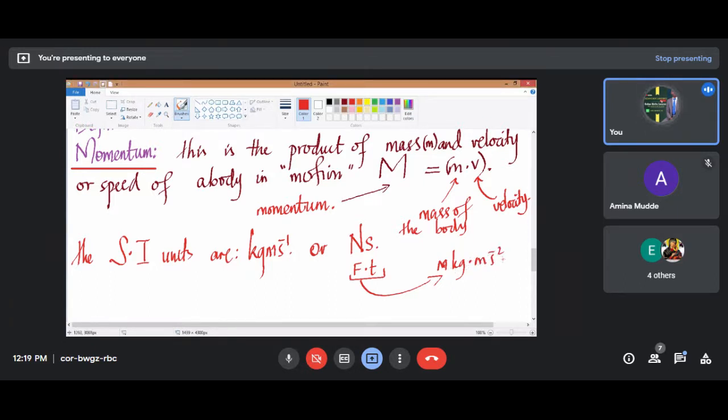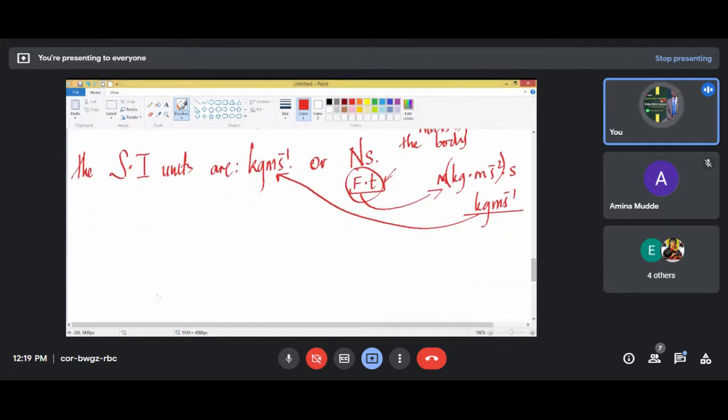When you multiply this by seconds, it takes you to kilogram meters per second, which is the original unit. So we notice that even f times t, we are yet to define it as another concept. I hope I'm talking to someone here.